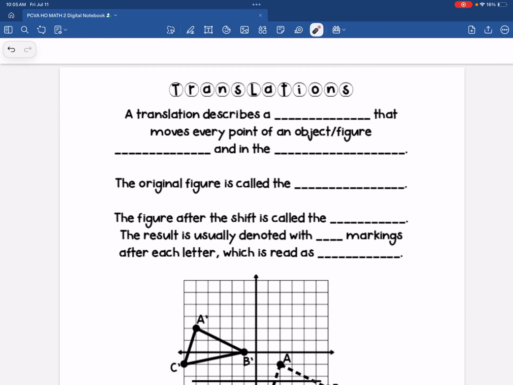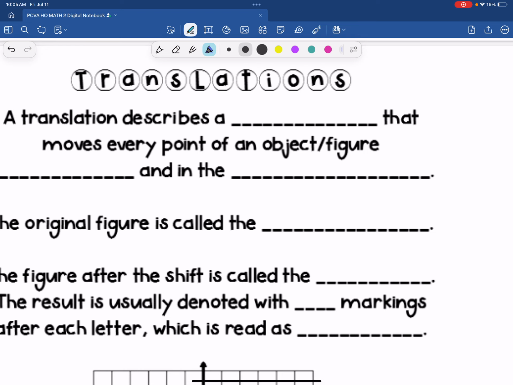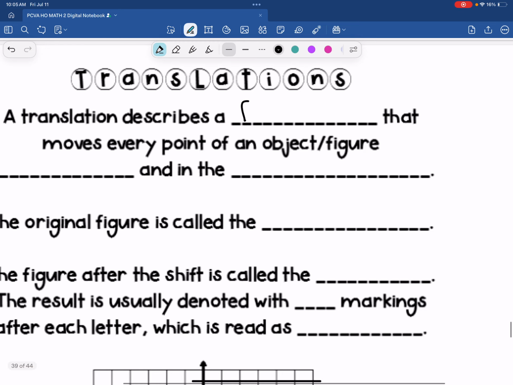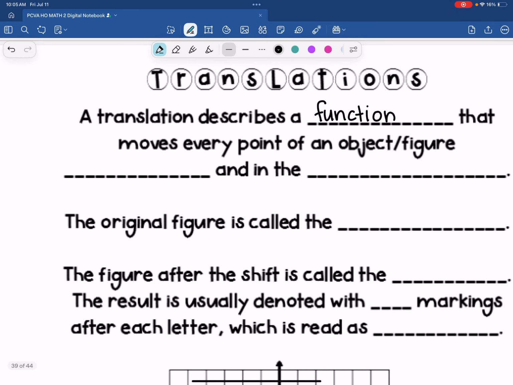So a translation is a function that moves every point of the object the same distance and in the same direction.